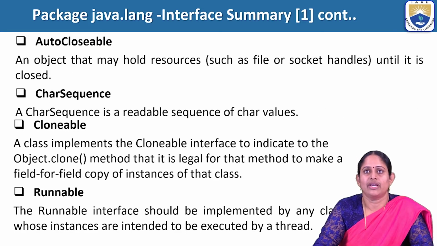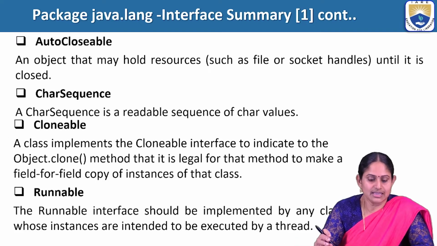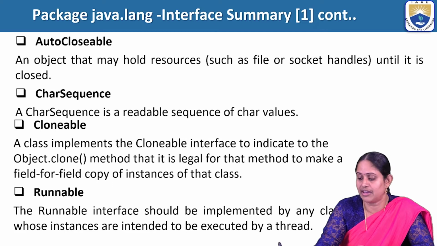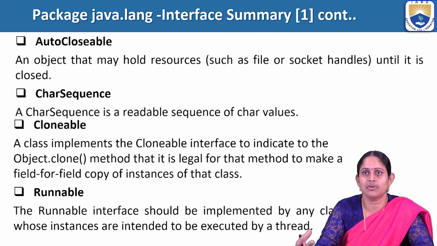Now let's look into the various interfaces present inside the lang package. The AutoCloseable interface is made use of on objects which may hold some resources. For example, you can have a file or a socket which may be holding some resources.